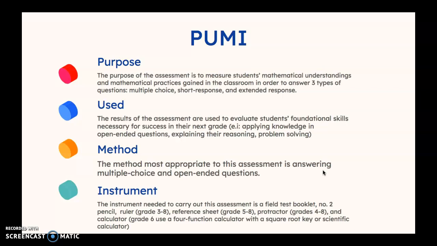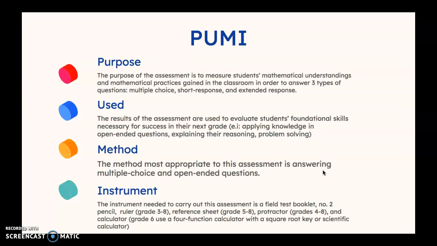The results for this assessment are used to evaluate students' foundation skills necessary for success in the next grade. So that means applying knowledge to open-ended questions, explaining their responses and their reasoning, and also problem solving. The method that is most appropriate to this assessment is answering multiple choice questions and open-ended questions.